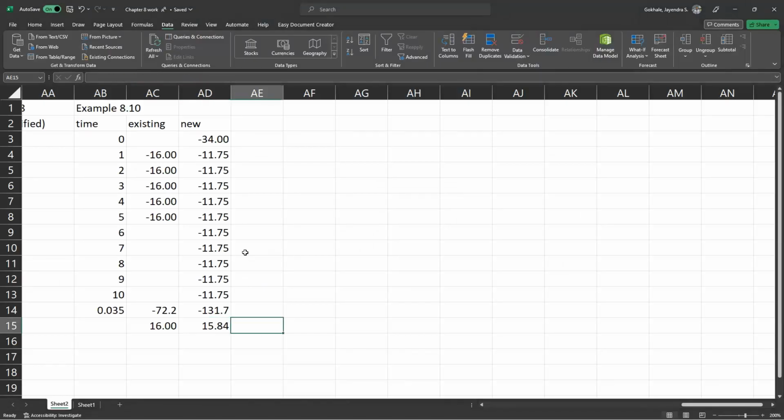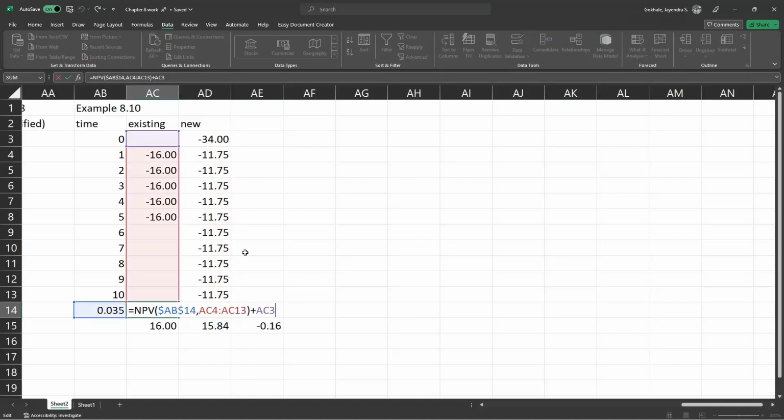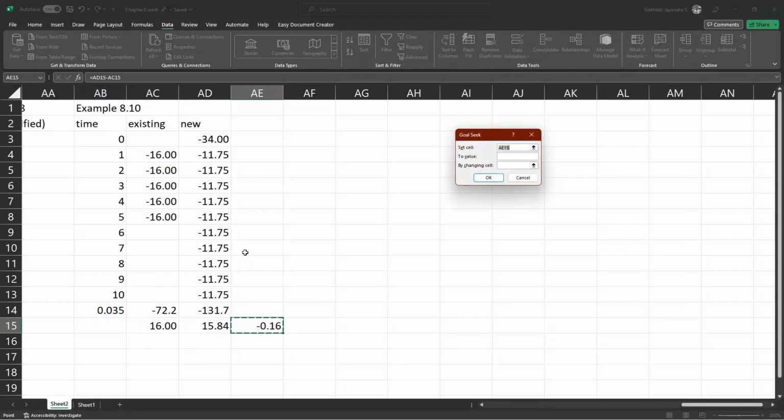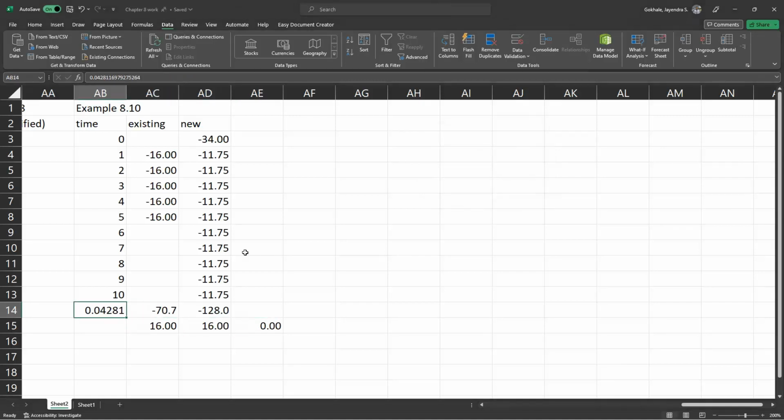Okay, let's see. So first of all, we take a difference of this minus this. So it's negative 0.16. Now these cells, notice, are all linked with the same discount rate. So all we have to do is goal seek this to value 0 by changing the rate. So there we go, and the rate is 4.28%.